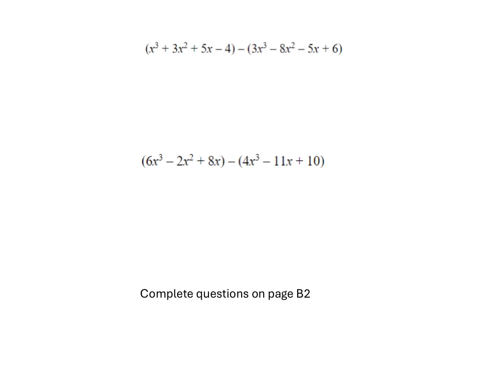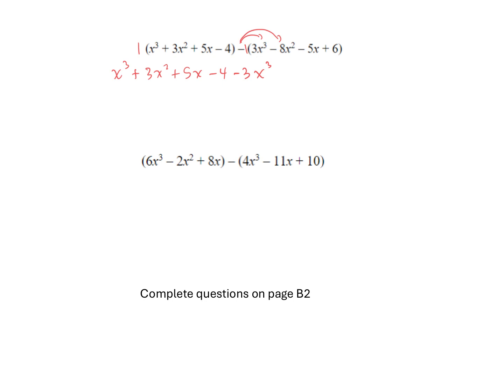Okay, if we have subtraction, so the first bracket just has a 1, so we'll just remove that bracket. So this is like multiplying everything by negative 1. So there we're going to apply the distributive property. So I'm going to do negative 1 times 3x to the power 3 is negative 3x to the power 3.